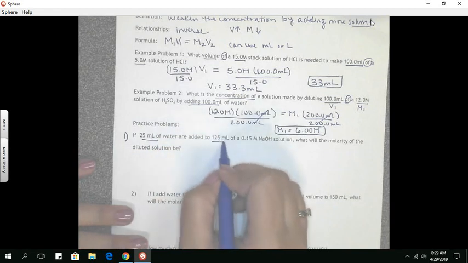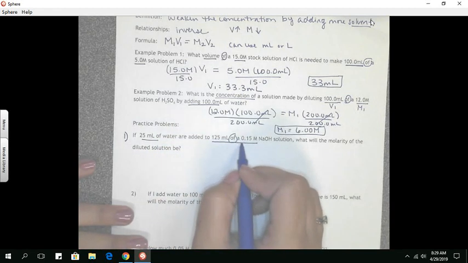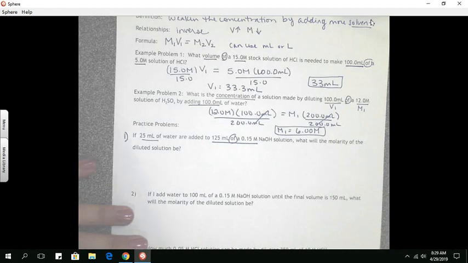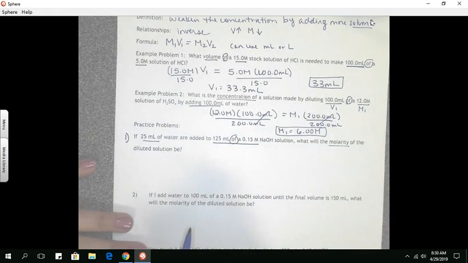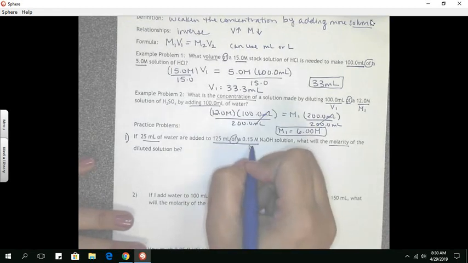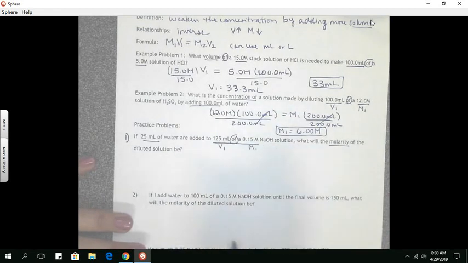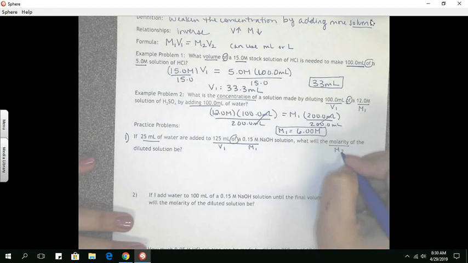Alright, so in this problem we have 25 milliliters of water added to 125 milliliters of a 0.15 molar sodium hydroxide solution. What will the molarity of the diluted solution be? So we're starting here, and then we want to know what our final molarity is.